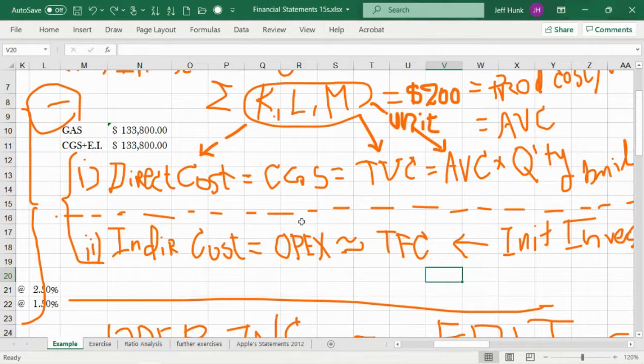So basically, they cannot double the number of workers.